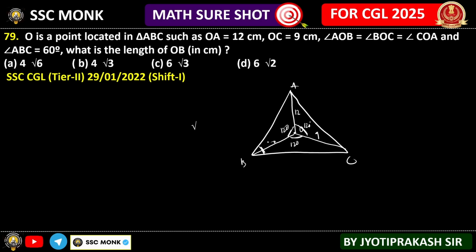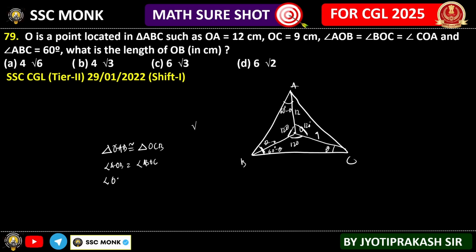If the whole is 60, if I take this as theta, this will be 60 degree minus theta. If this is theta, this will be 60 degree minus theta because this whole triangle is 180 degree. Now if this is 60 degree minus theta, this will be theta. Clear? Now triangle OAB is similar to triangle OCB because angle AOB is equal to angle BOC.